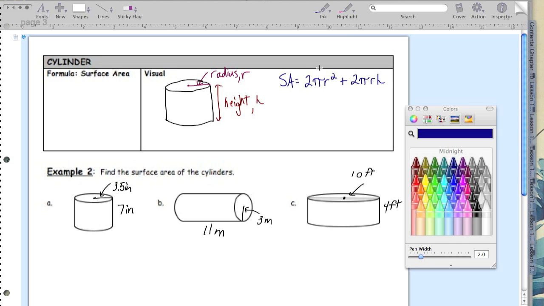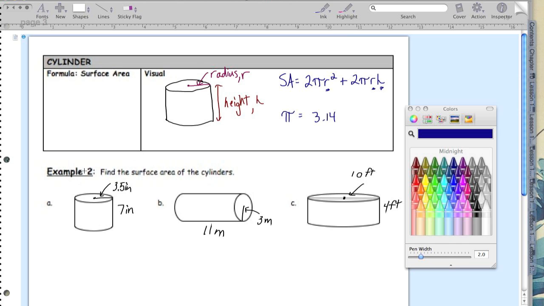It's a little bit longer, but notice you only have to know your radius and your height, which will be somehow related to you in the problem. For pi we are using, like we did with circles, 3.14, so that avoids rounding errors. I know we have a pi button on our calculator, but to avoid rounding mistakes, we're just going to use pi equals 3.14, and then they both have a 2. So the formula is 2 pi r squared plus 2 pi r h.